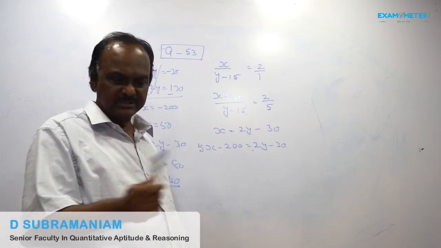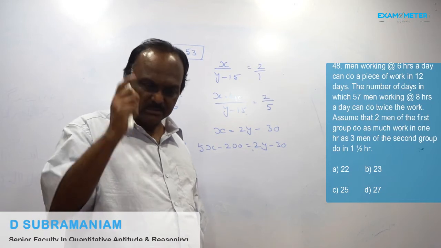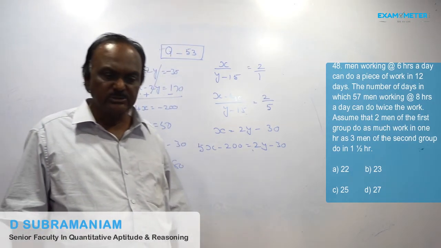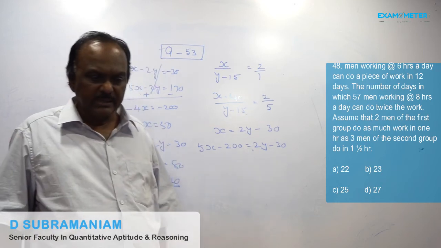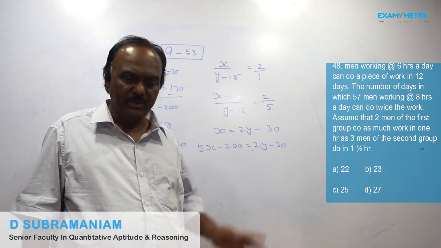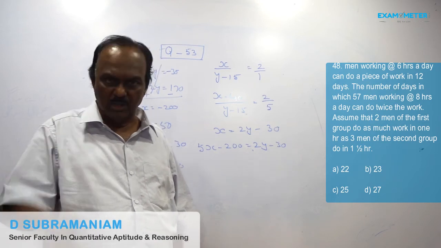I will explain once again. In a class, there are some boys and girls. If 15 girls are taken out, the ratio of boys and girls becomes 2:1. Then, if 40 boys are taken out, the ratio becomes 2:5. The number of girls at the beginning was.